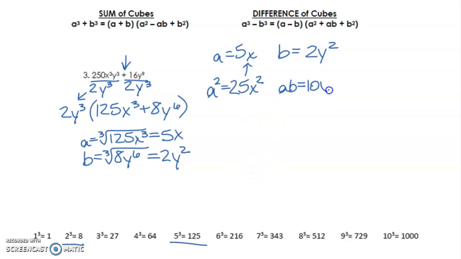The middle term is 10xy squared, so I multiplied these two together. And b squared is 4. That comes from here and multiplying it by itself. So, yeah. Oops. Need the same.